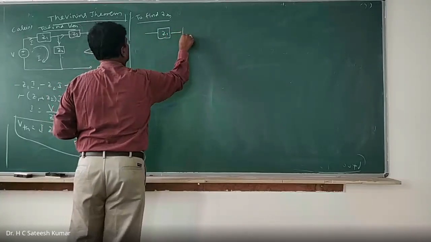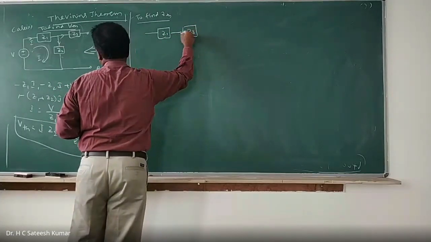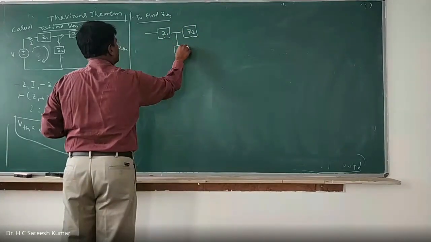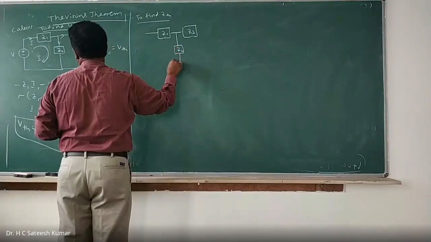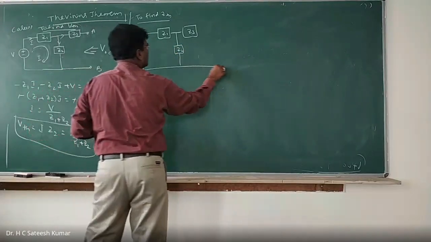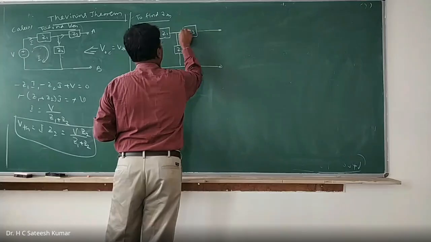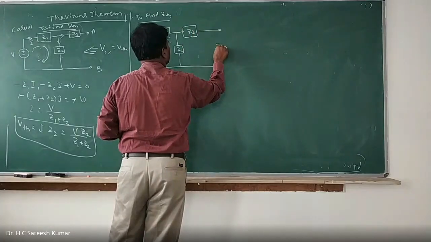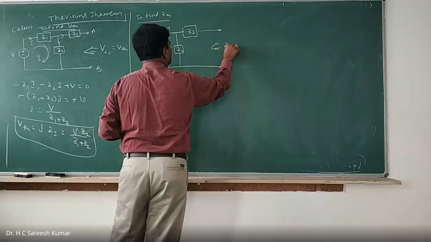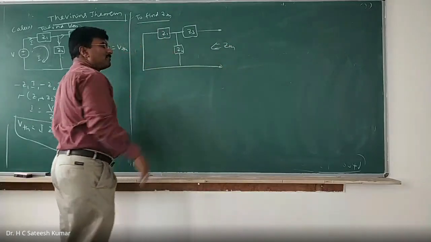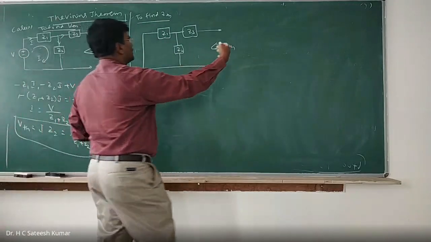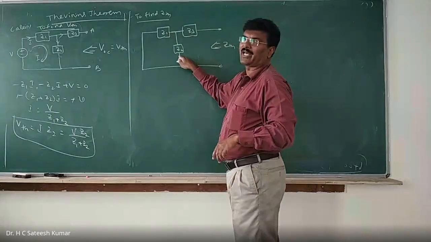We can write Z1, Z3, Z2, and this is short circuited, and this is the open circuit terminal. So that is your ZTH. When you see the impedance from this side, Z3 will be in series, and these two will be in parallel.